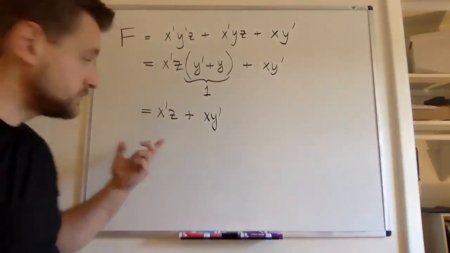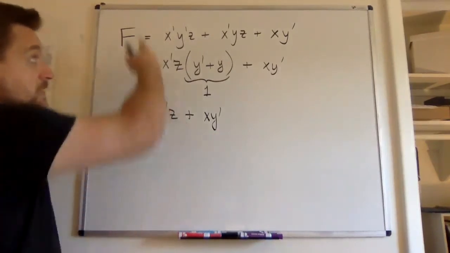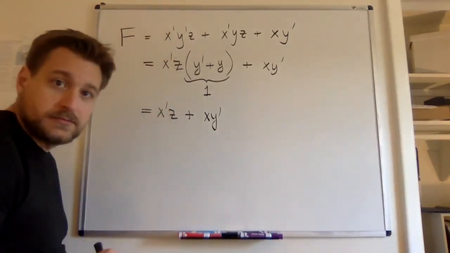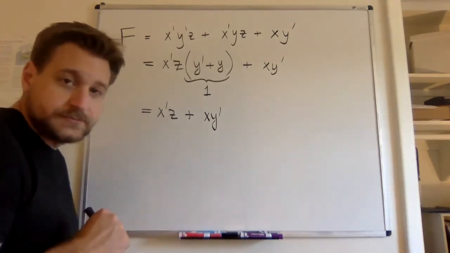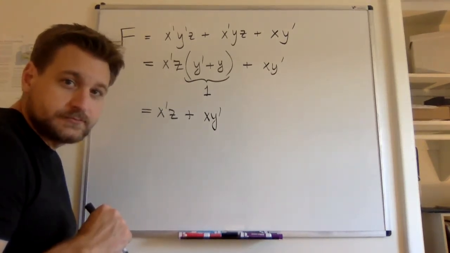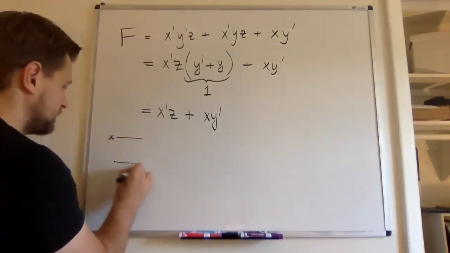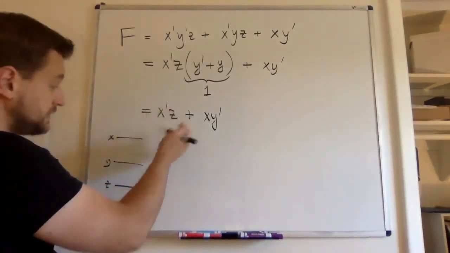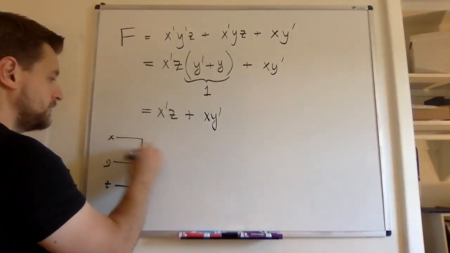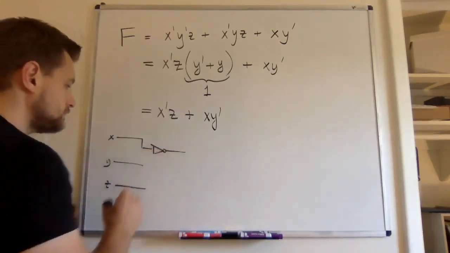Nicer expression. Same function. Same truth table. But different circuit. X, y, z. We still need an inverter for x.